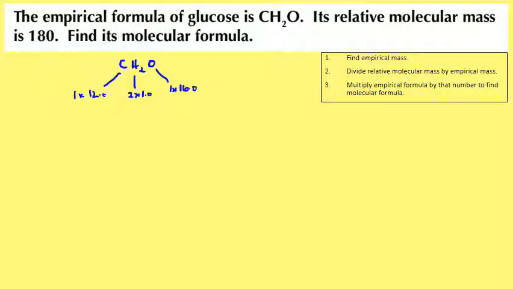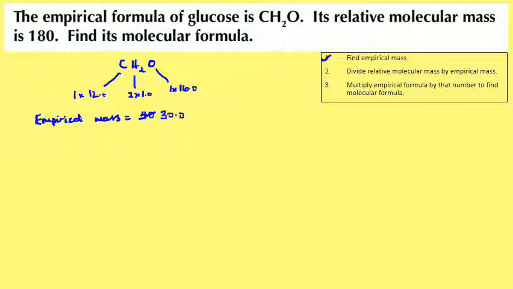So our empirical mass, let's write it down like this instead. What did I say? 40? 30 rather, wasn't it? Okay, so the empirical mass is 30, and that's step number 1 done.